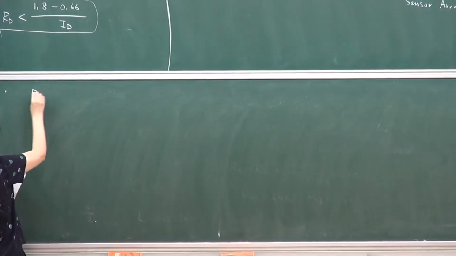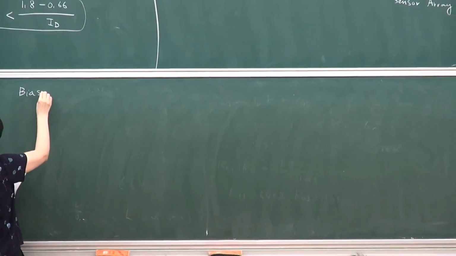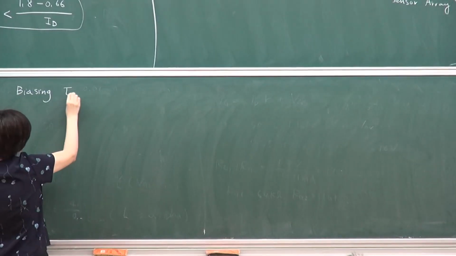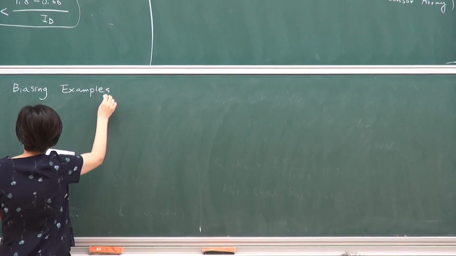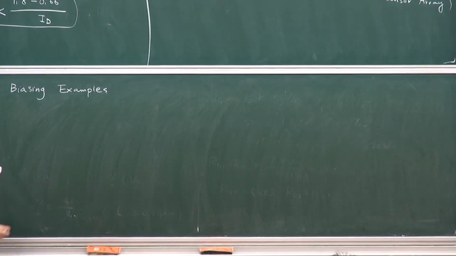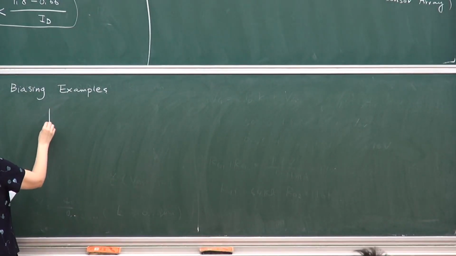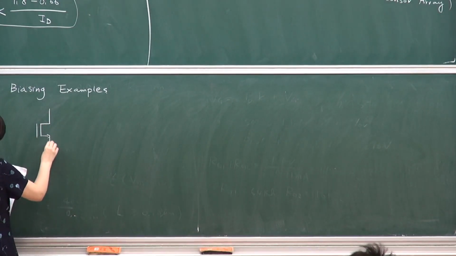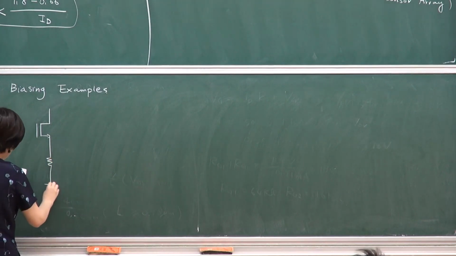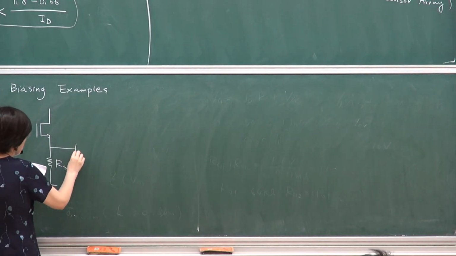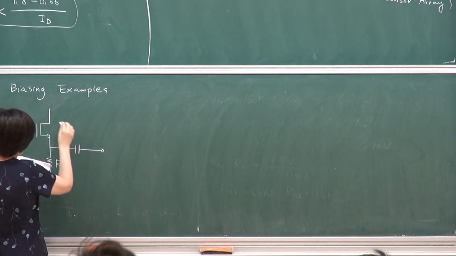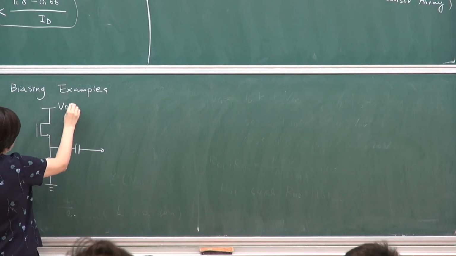So biasing methods. The first one is that I can simply use a resistor to set up and determine the gate voltage. This is VDD.